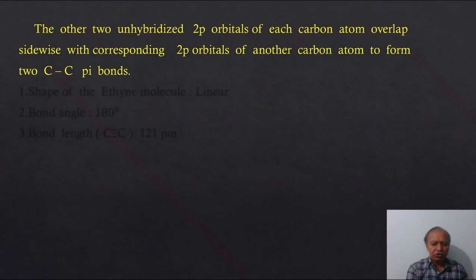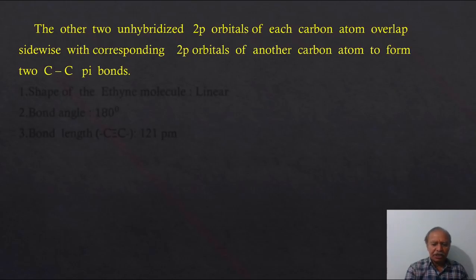Overlapping symmetrically means the 2px orbital of one carbon atom overlaps sidewise with the 2px orbital of another carbon atom. In the same manner, the 2py orbital of one carbon atom overlaps sidewise with the 2py orbital of another carbon atom. In this way, two carbon to carbon pi bonds are formed.